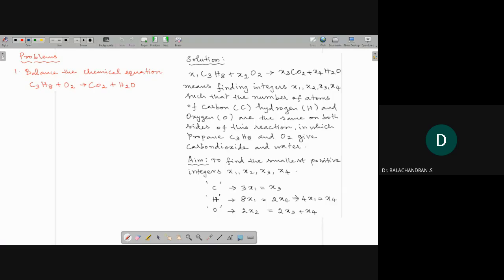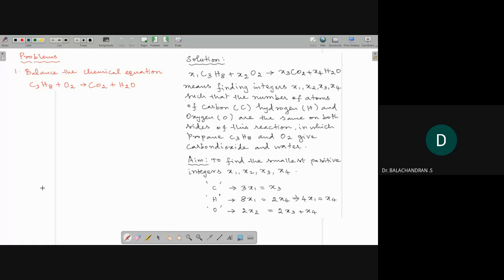Next, for hydrogen, 8 times X1 is equal to 2 times X4, which implies 4X1 equals X4. Next, for O, 2X2 is equal to 2X3 plus 1X4. So you now have 3 equations.